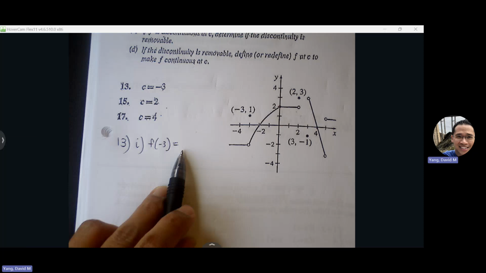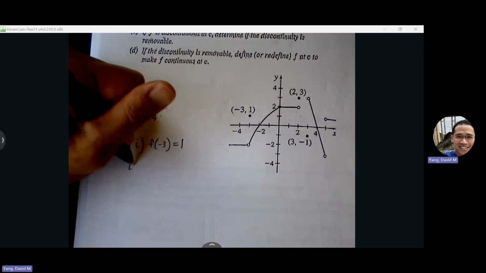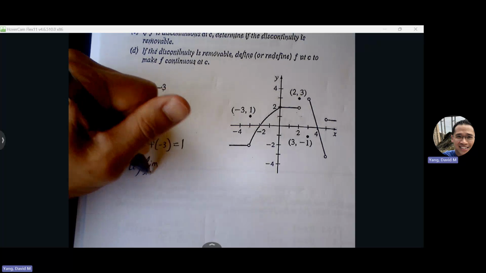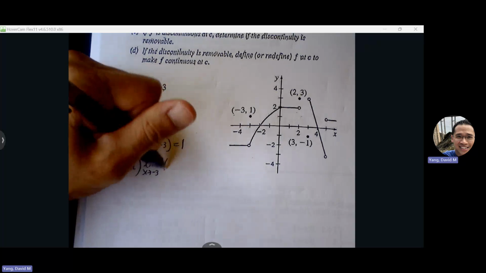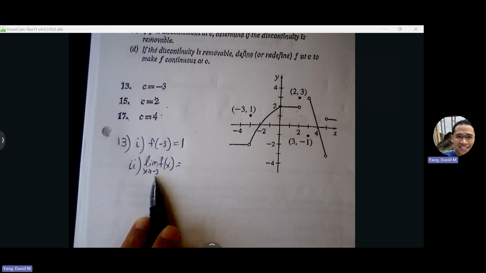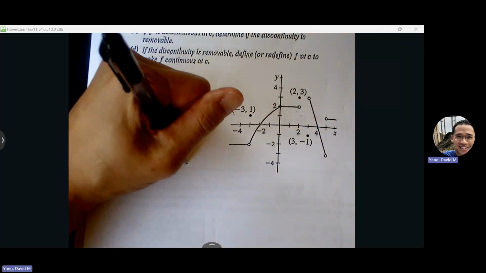What's f of -3? 1. Okay, so second condition, limit as x approaches -3 of f of x. Don't forget the f of x. What's the limit as we approach -3 from both sides? -2.